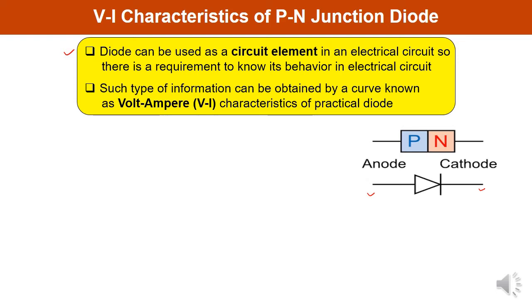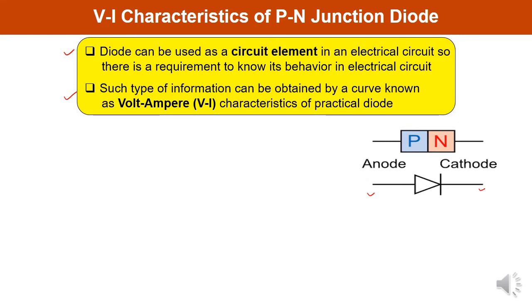And what is this VI characteristic? VI characteristic is also known as a volt ampere characteristic of a practical diode. Even in this particular video lecture, I will tell you how an ideal diode behaves. It means you are going to study the practical diode characteristics as well as the ideal diode characteristics.